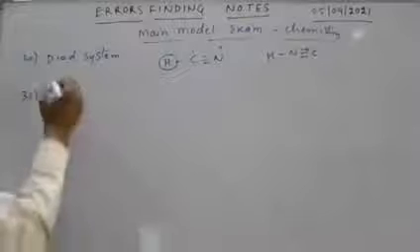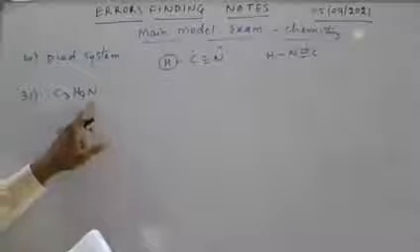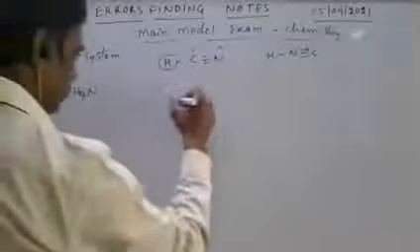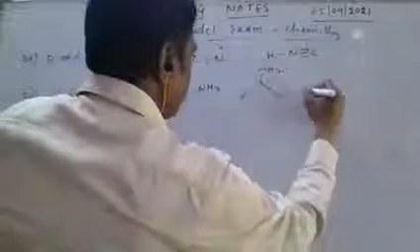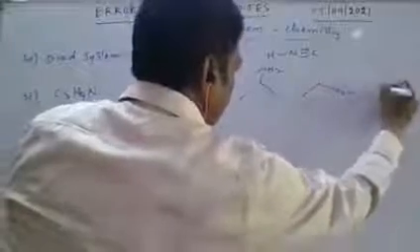Question number 31, C3H9N. Here, the number of primary, secondary, tertiary amines, Nana. Here this is the general formula of an amine, Nana. You get different types of amines. Look at this. These are the possibilities, Nana. 1, 2, 3, 4 compounds, Nana. 4 structures. All are amines.